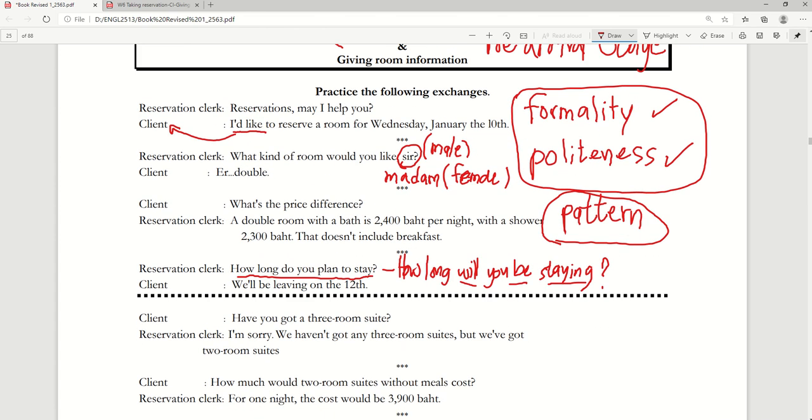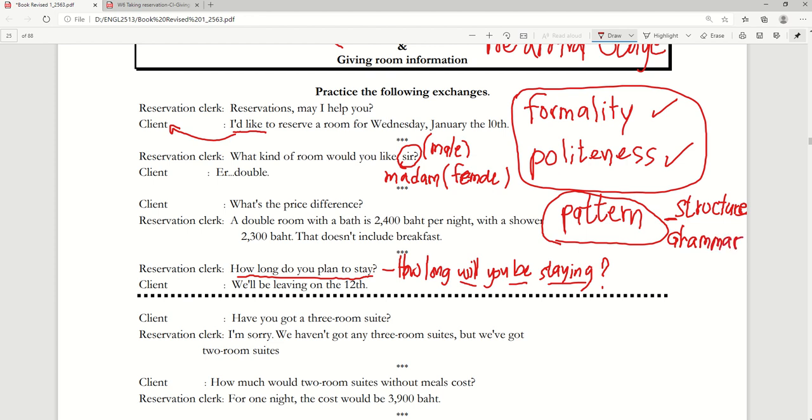But a pattern is basically from what? From the sentence structure. Now, sentence structure means what? It means grammar.